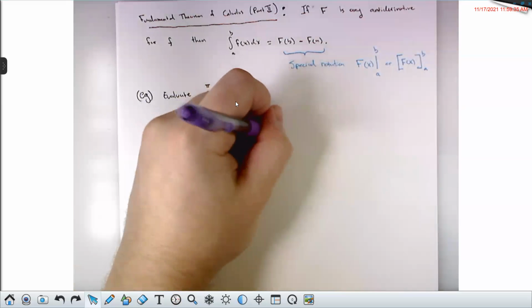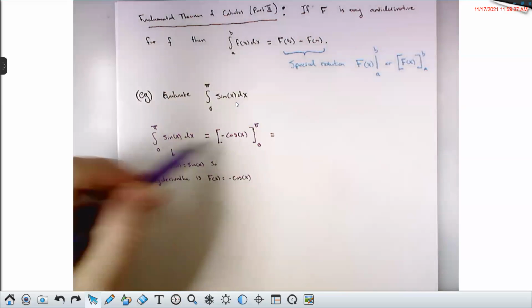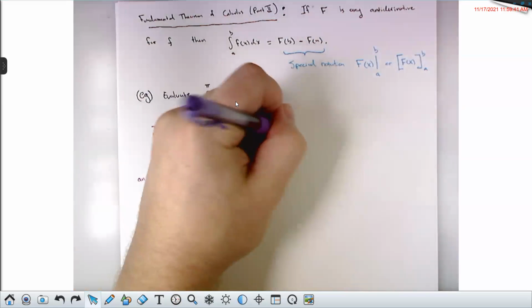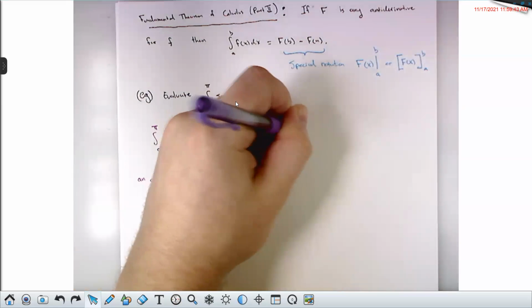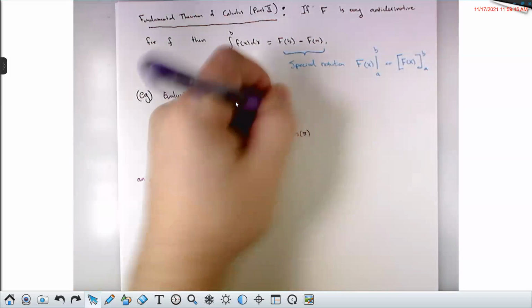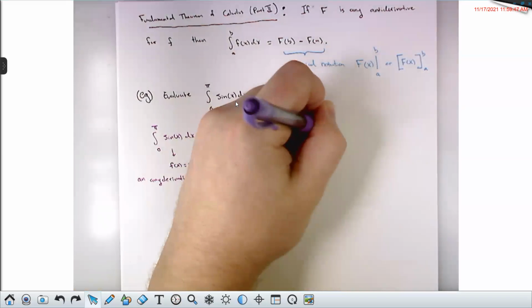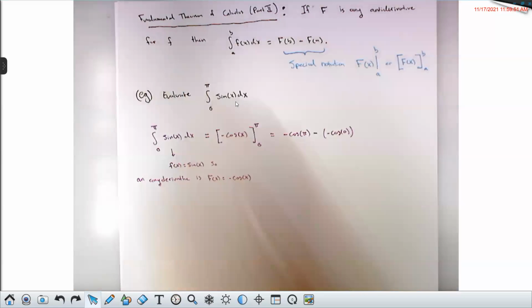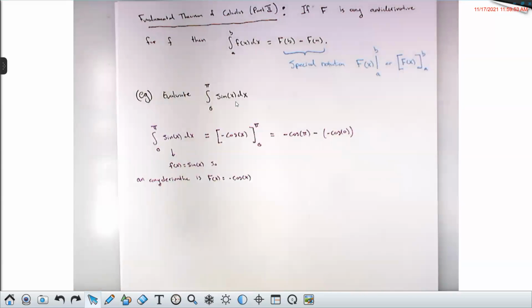That is just the notation, right? You want to have your antiderivative step as its own thing, and then we evaluate. So that's negative cosine of pi minus negative cosine of 0. F of b minus f of a.